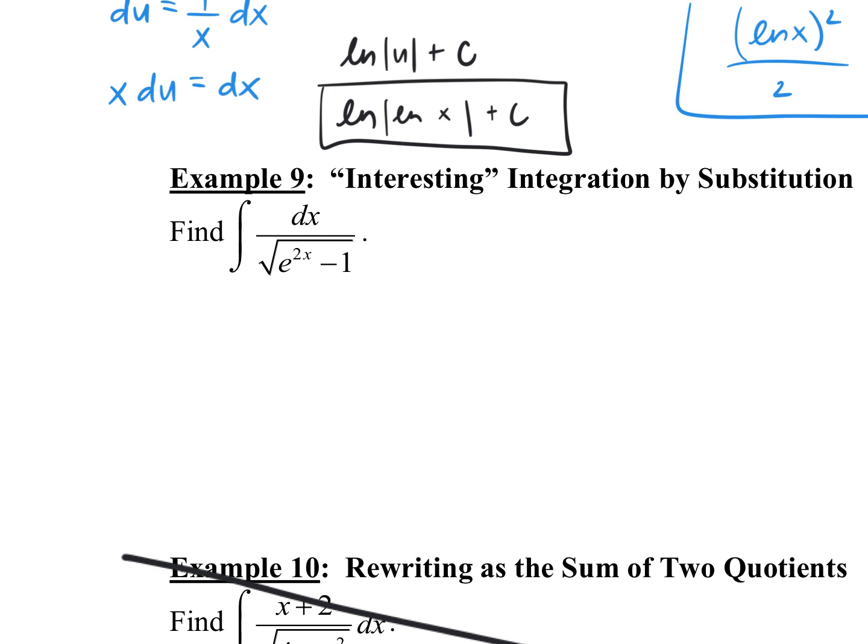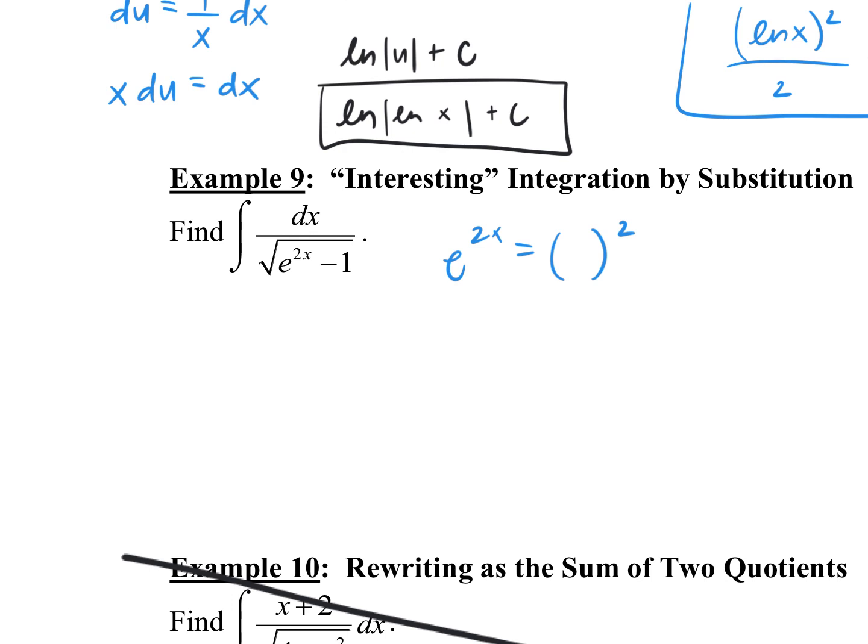Let's see what happens when I try and manipulate this to make it look like that, okay? We have to have the variable piece squared. So how can I make e to the 2x look like something squared? What would it have to be? Like if I wanted to make e to the 2x equal something to the second power.